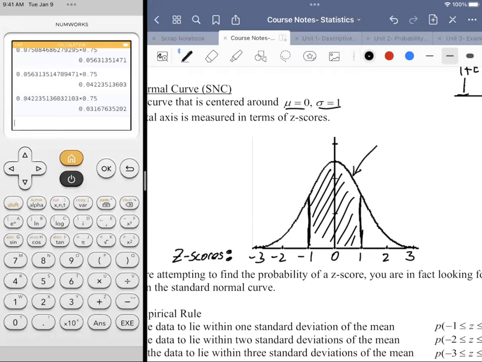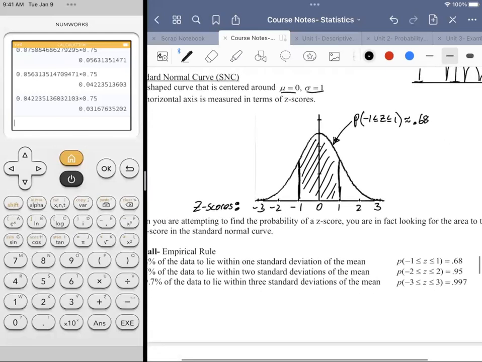So this little shaded region corresponds to the probability that the Z-score is between -1 and 1, and that ends up being about 0.68. Right. So that's the probability notation that gets us to this.